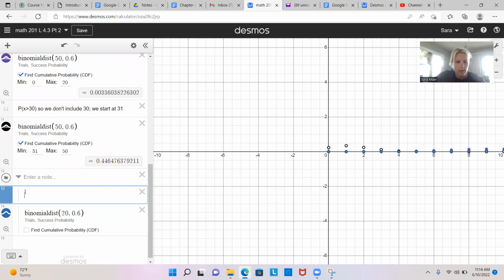This is the probability of X being less than or equal to 8.